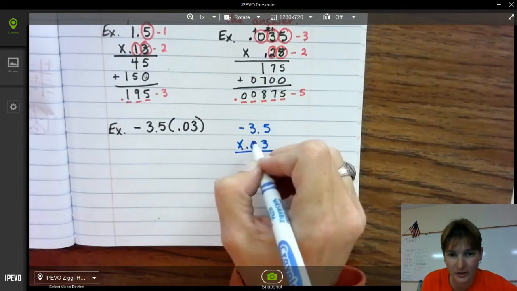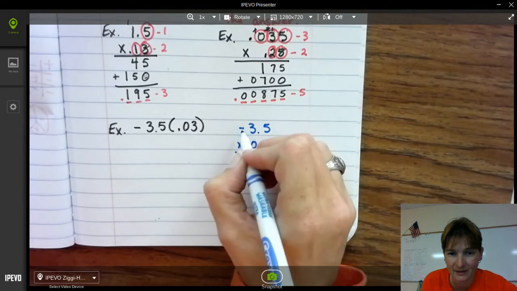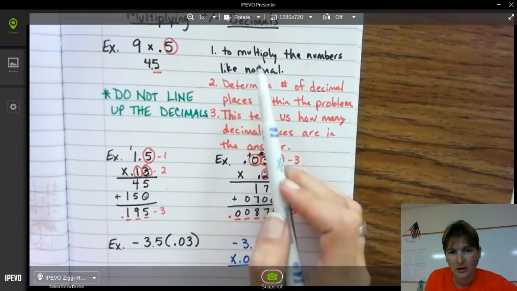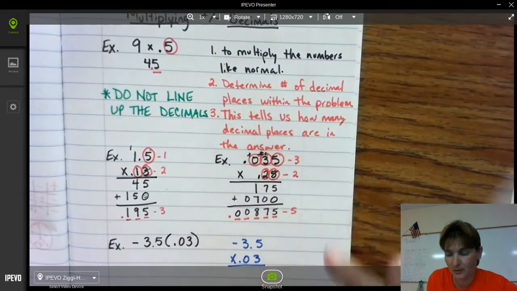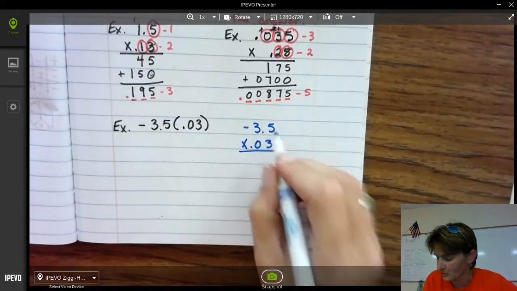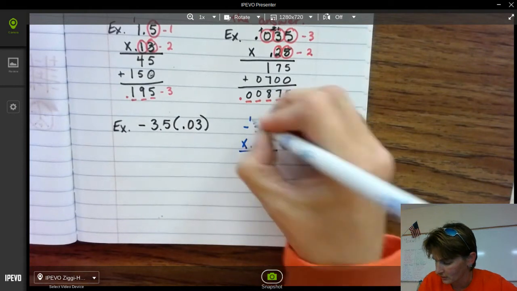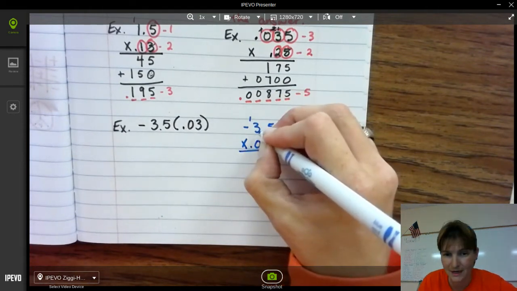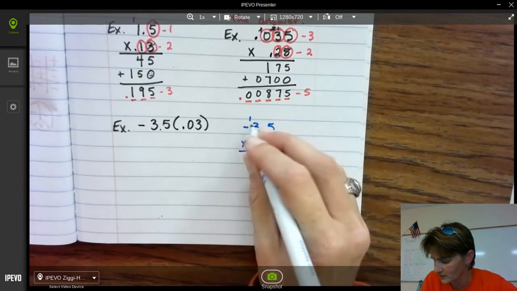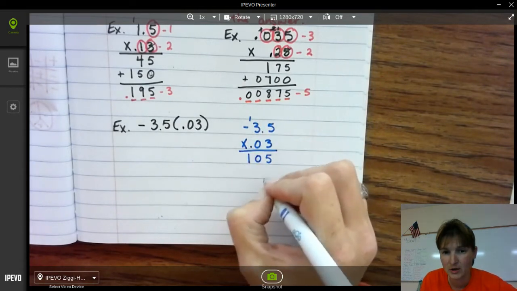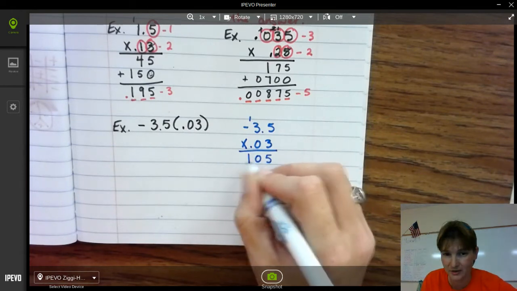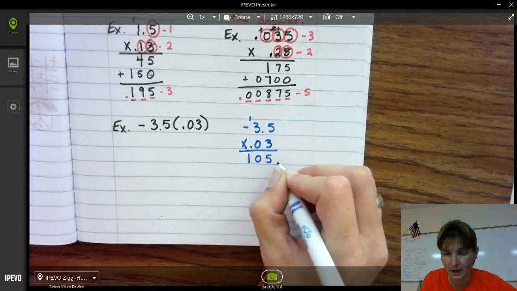I'm going to first ignore the decimals and the negative sign so that I can do my first step, which is to multiply my numbers like normal. So 3 times 5 is 15. 3 times 3 is 9. Plus the 1 is 10. Okay, 0 times these numbers is just 0. So if you want, you could put zeros and then add, and you would still get 105 here.